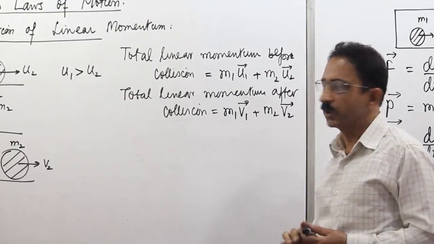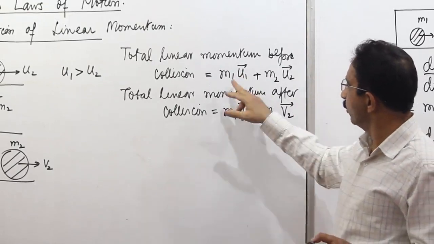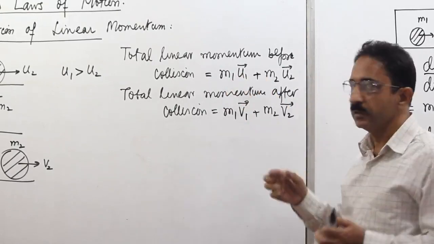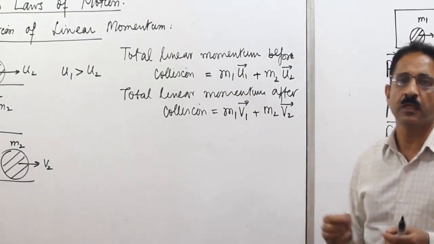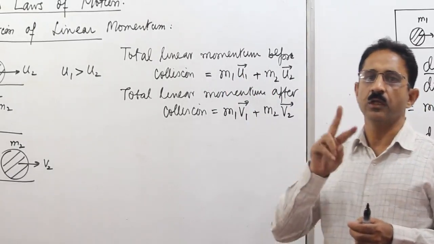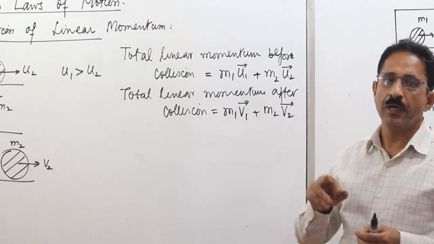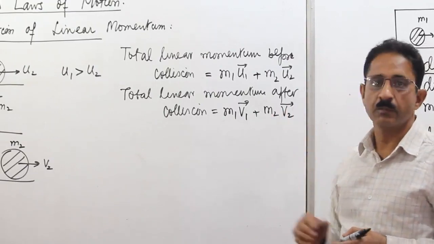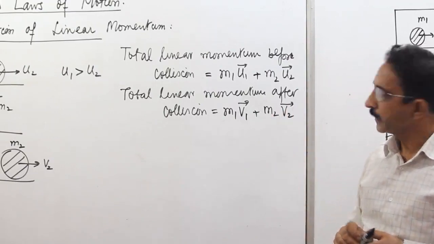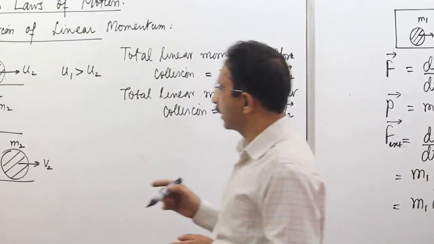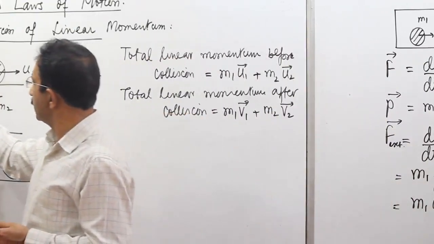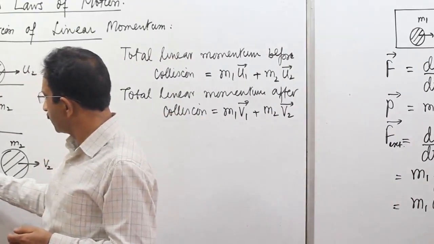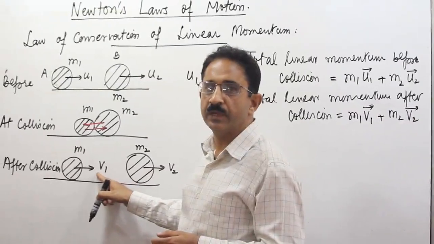Our objective is now set in this process. We want to prove that even in the presence of internal forces acting between these particles, the total linear momentum before collision and after collision will remain the same, because there is no external force acting on the system. Now if you look at one body, there is a change in its linear momentum. Its final linear momentum is m1 v1.